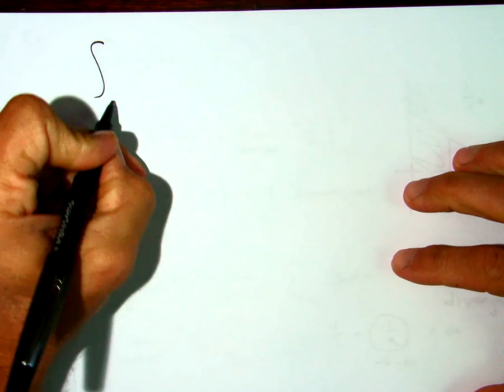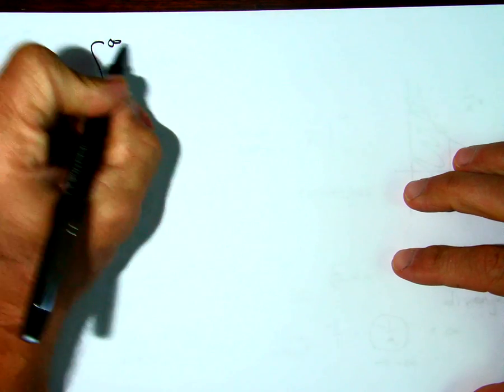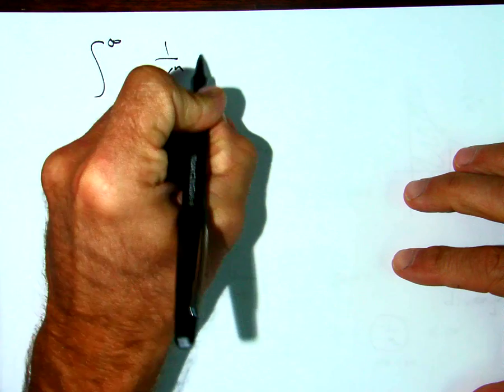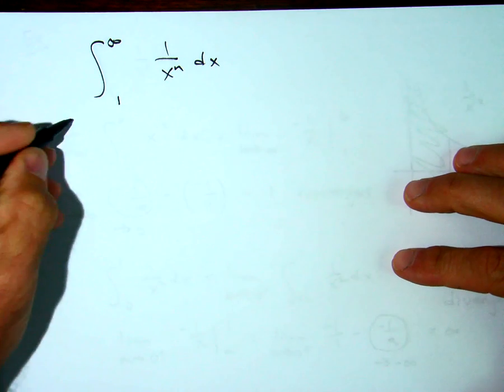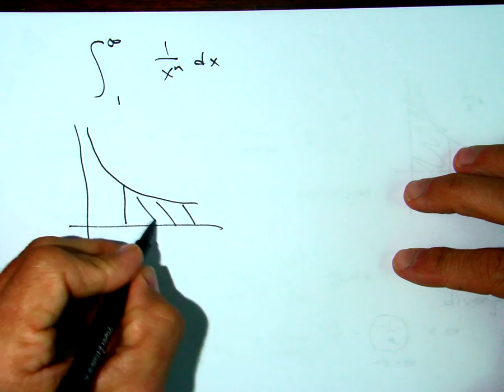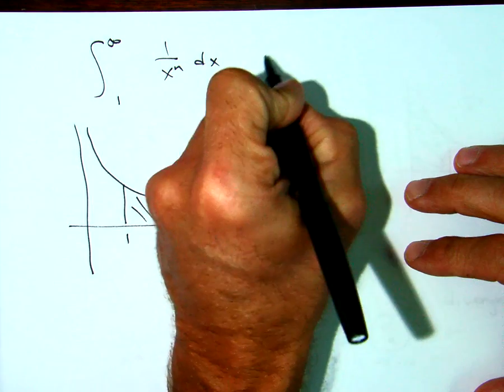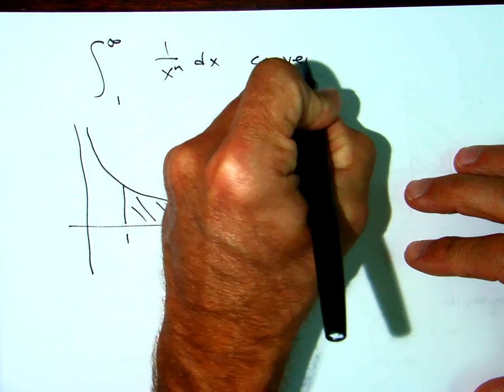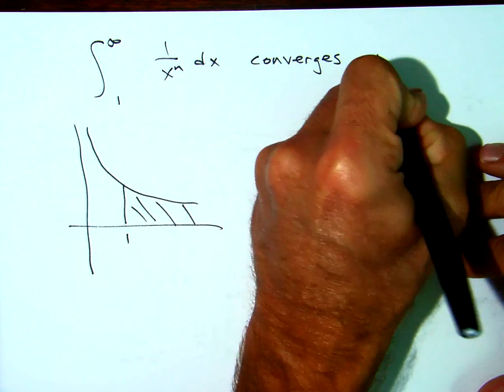If we're looking at the integral from 1 to infinity of 1 over x to the n dx, so we're looking at this area right here, if this is 1, then that converges when n is greater than 1.